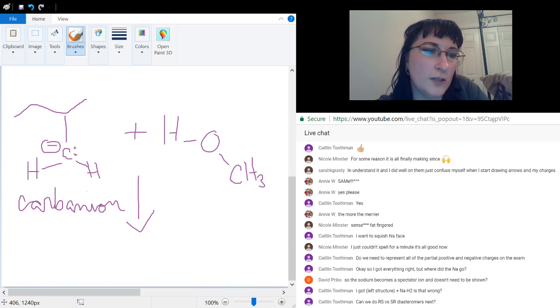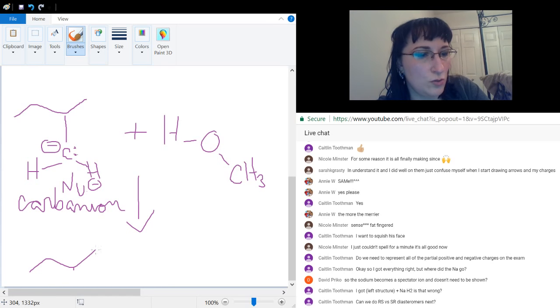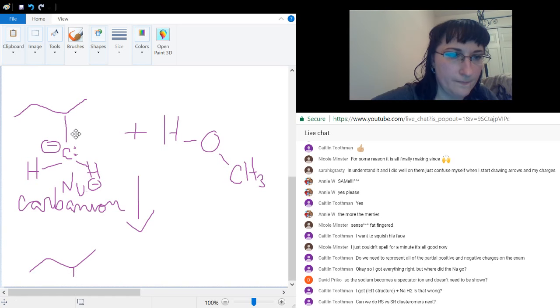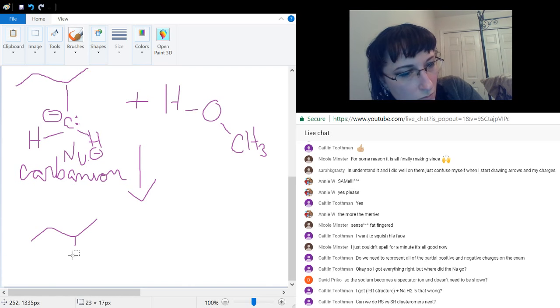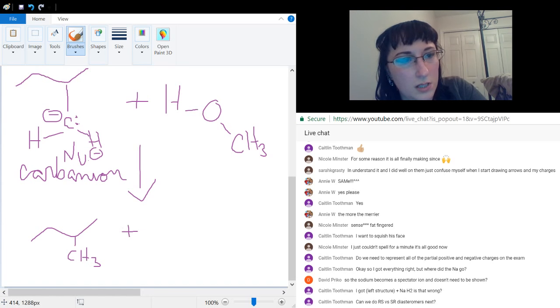So if I tell you that this is a good nucleophile because it's a carbanion, you're like, okay, what's my product going to be? So this is an acid-base reaction, but it's not one we've seen.